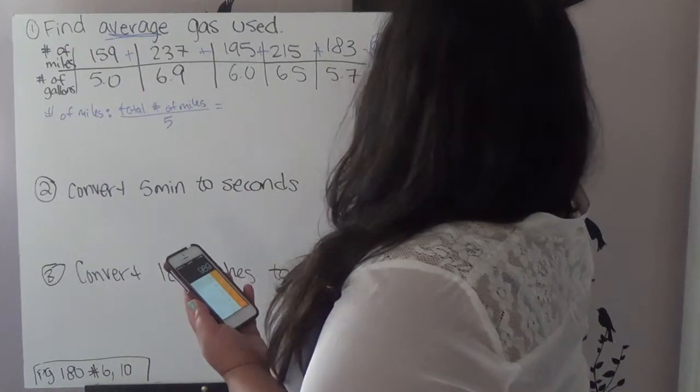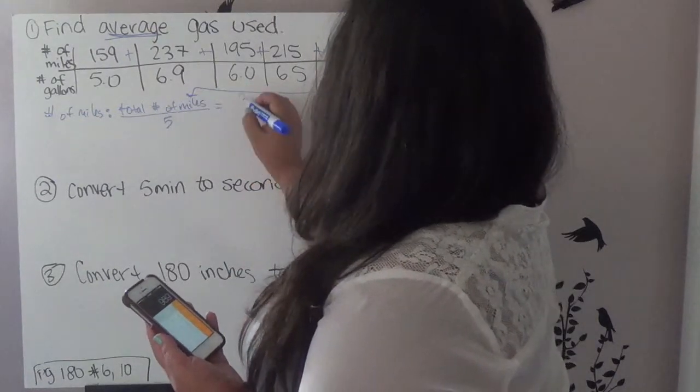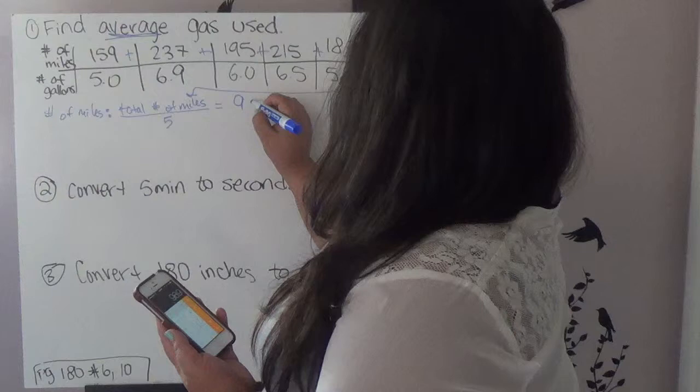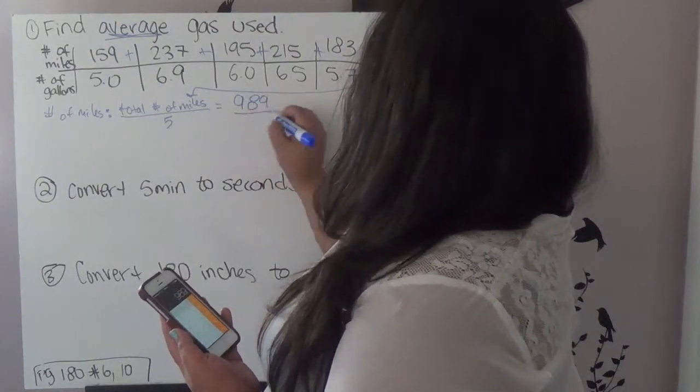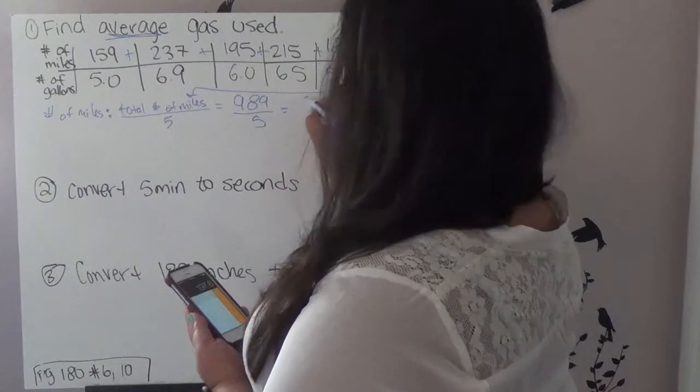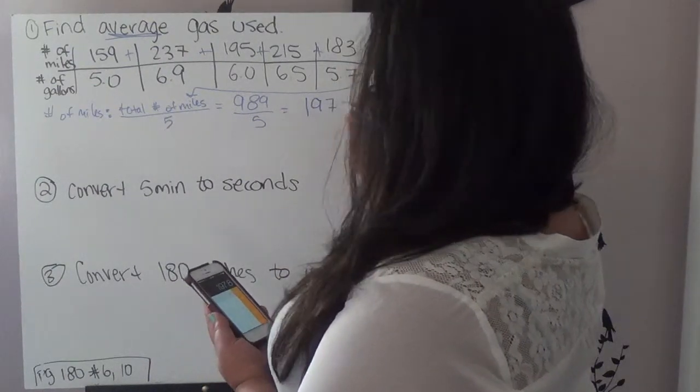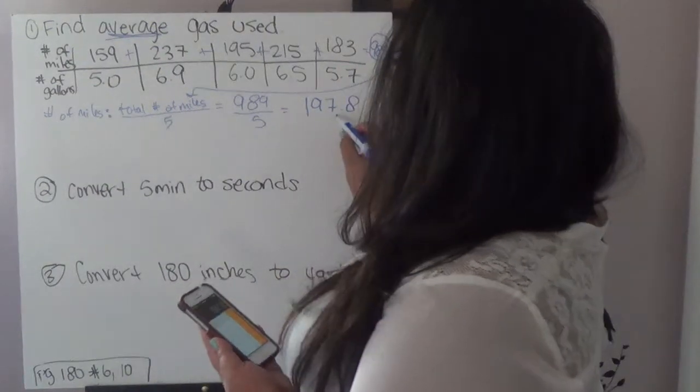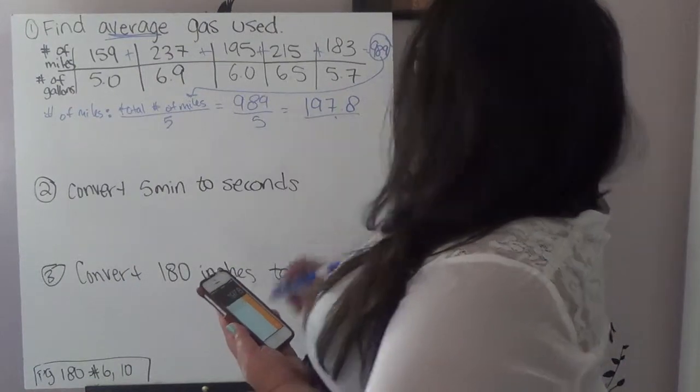So this goes here: 989 divided by 5, which gives us 197.8. This is my average number of miles.